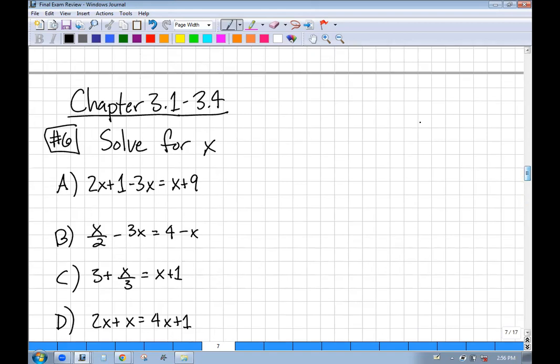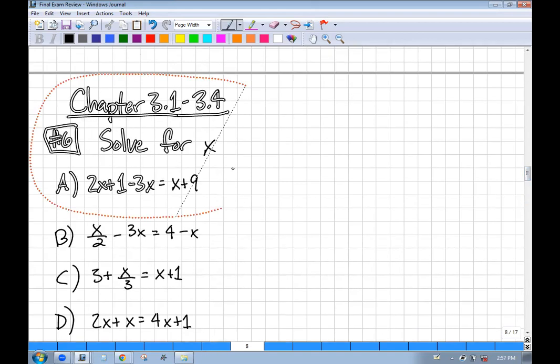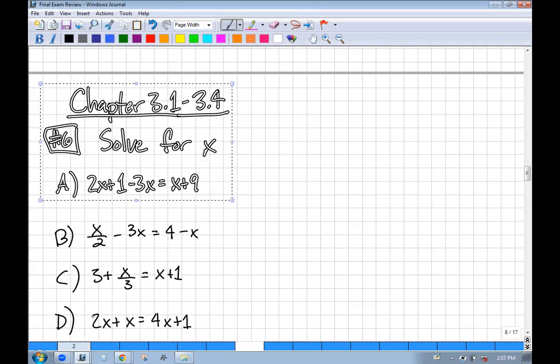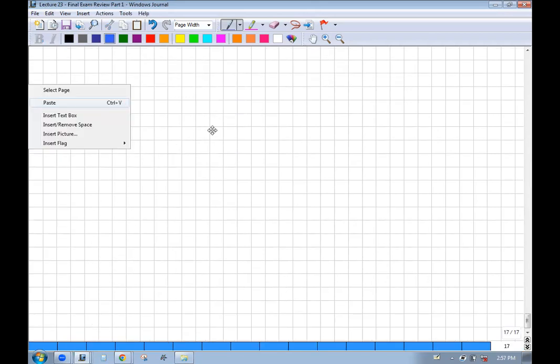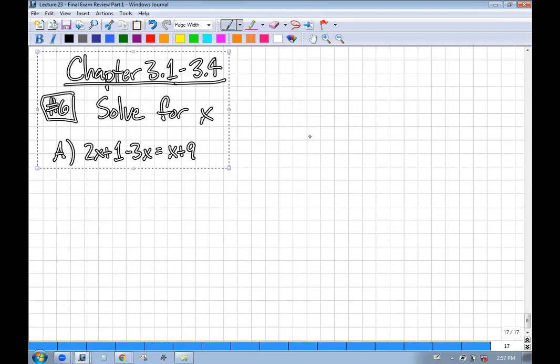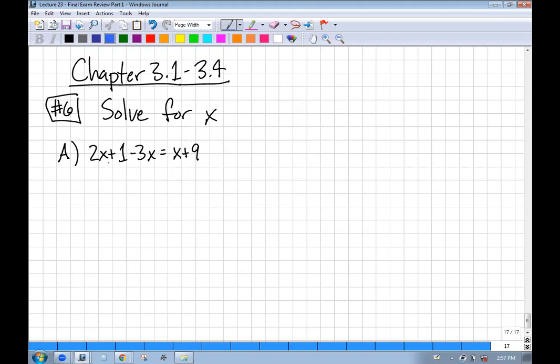Number 6. A. Solve for x. Well, we have x's all over the place, right? First, let's simplify a little bit. 2x minus 3x is a negative x. Right, so first thing I combine like terms.